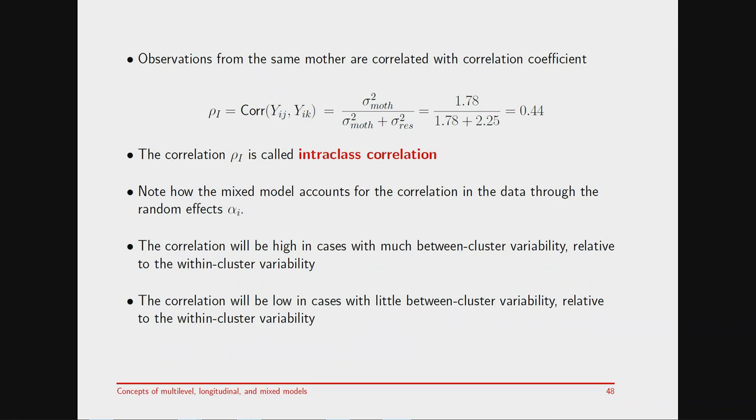But what you see is that this correlation really depends on the variability between your clusters. More variability between the clusters, higher correlation within the clusters. Less variability between the clusters, smaller correlation within the clusters.